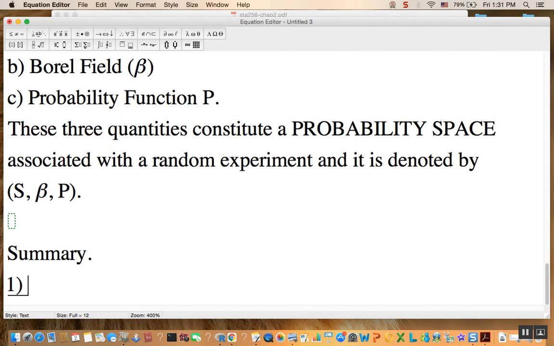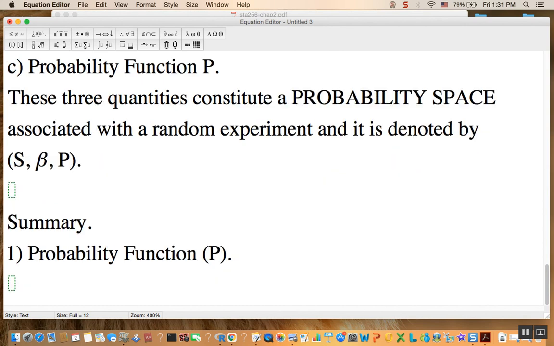The concept of a probability function P, which is just a function that goes from the sample space to the interval 0, 1. We're assigning a number in 0, 1 to each of those events in the sample space.